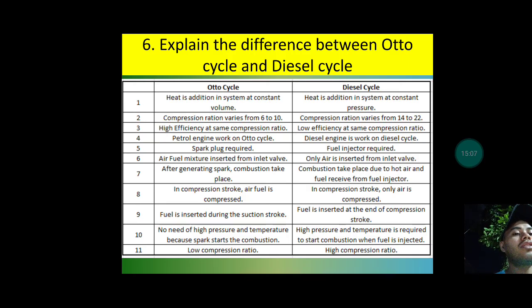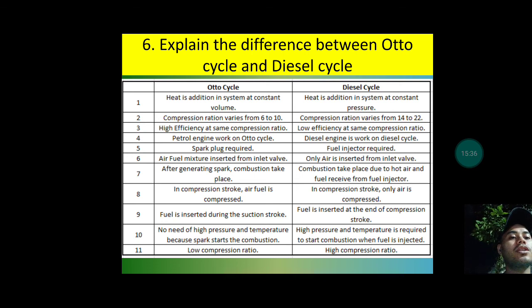The compression ratio of the Otto cycle is lower than the diesel cycle, which is also why the compression pressure is lower in Otto than in diesel. In the Otto cycle, efficiency is high at the same compression ratio, while the diesel cycle has low efficiency at the same compression ratio. So you should increase the compression ratio so that the diesel cycle will have higher efficiency.